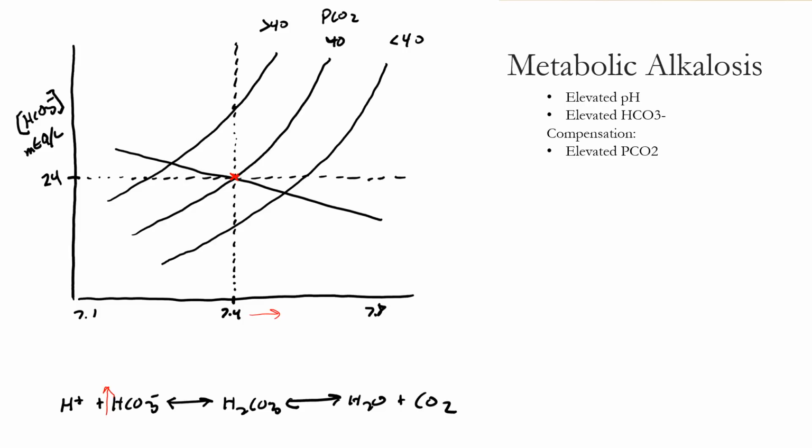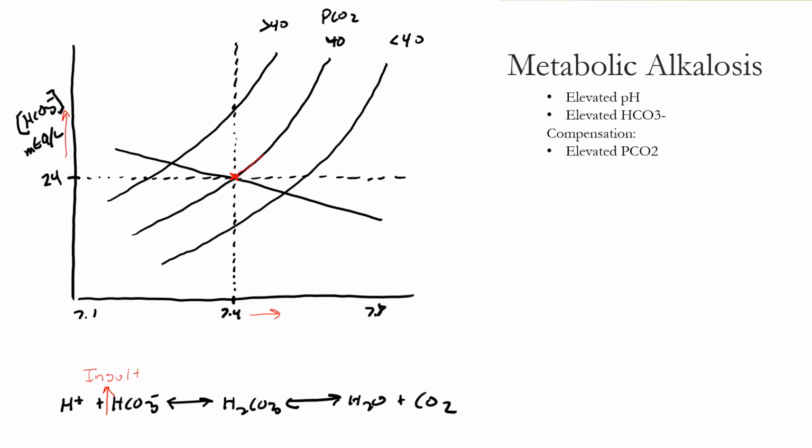Now in this case, there's going to be a shift of the pH that's going to go higher, and the bicarb levels are going to elevate. So we're going to be in this upper right quadrant here. Remember, there's no change in our respiratory rate initially, but the insult is that we are getting an increase in our bicarb.